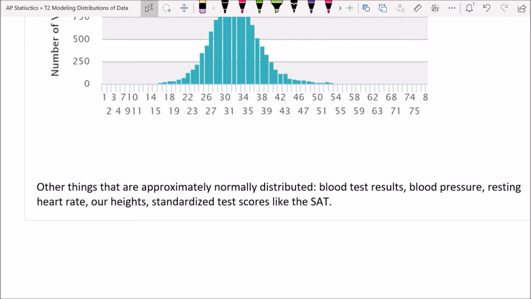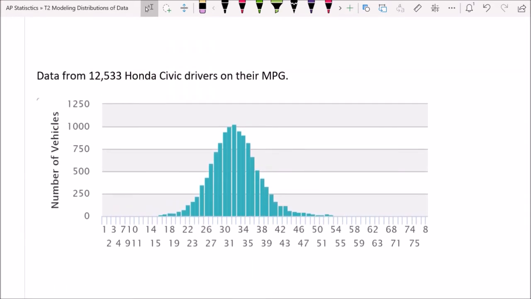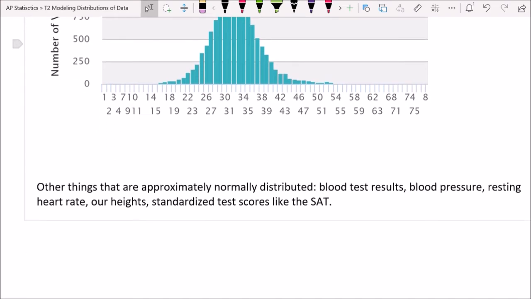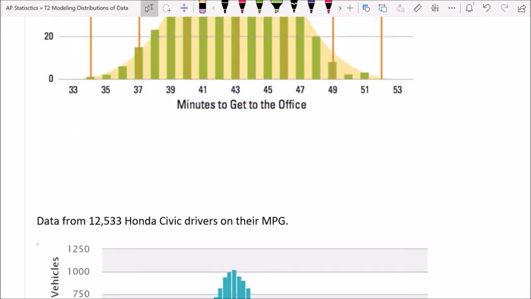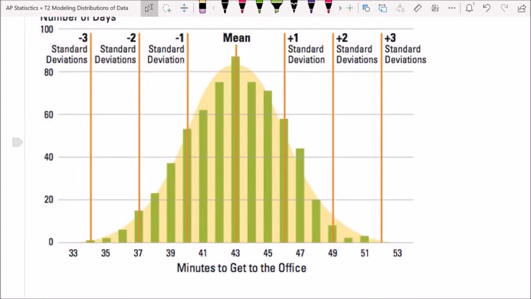Do understand though that when we talk about things that are approximately normal, we're talking about enormous data sets. Like this one has 12,000 data points. That's totally typical. We're not saying there's 8 data points and it's approximately normal. That's pretty useless. You need tons and tons of data to get this smooth bell curve shape.